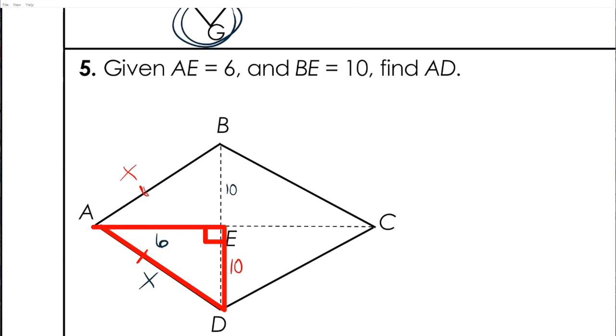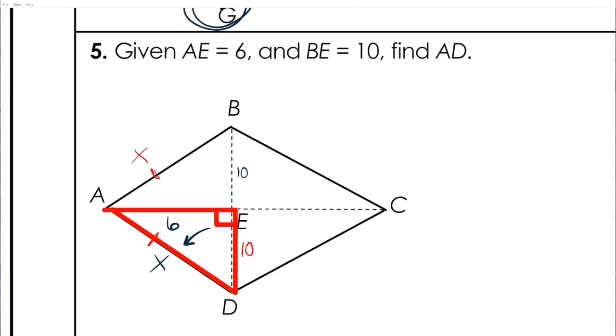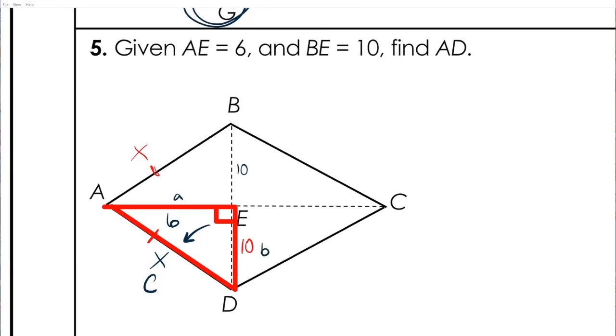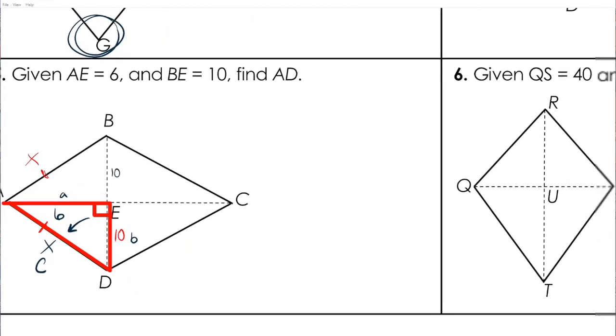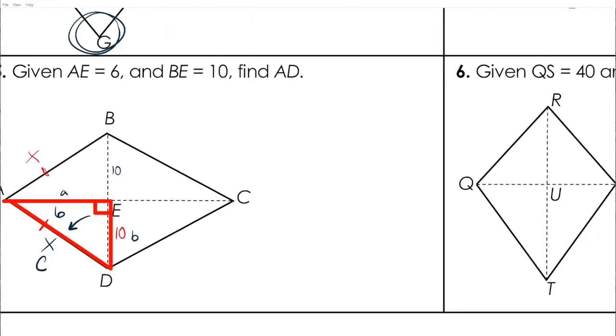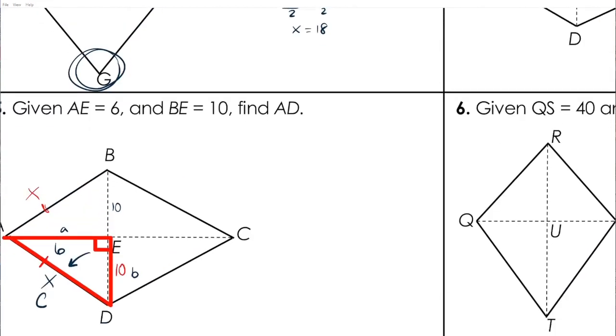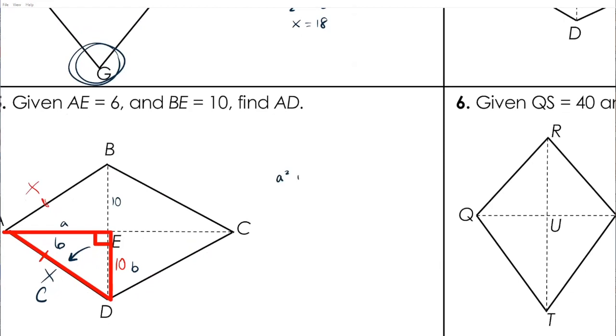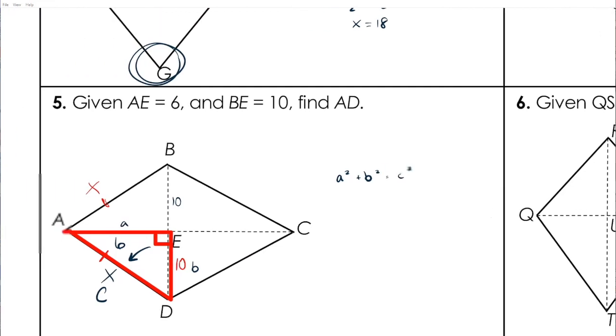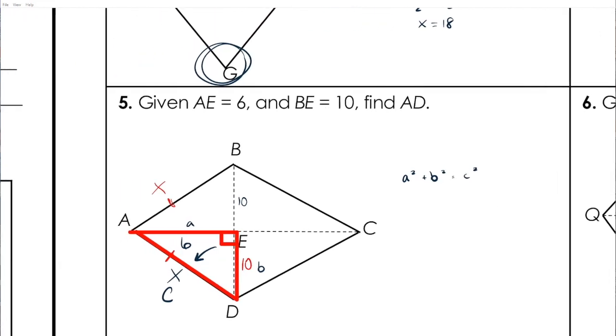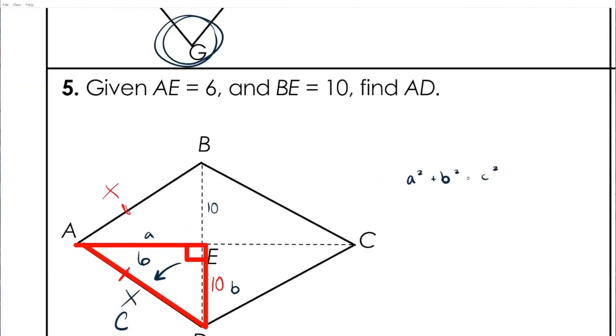Pythagorean theorem. Biggest importance is we identify the hypotenuse first. Always identify your hypotenuse first because A and B does not matter. Right, so we're going Pythagorean theorem, A squared plus B squared is C squared. Remember, if we know 2 of 3 in a right triangle, Pythagoras is our friend.